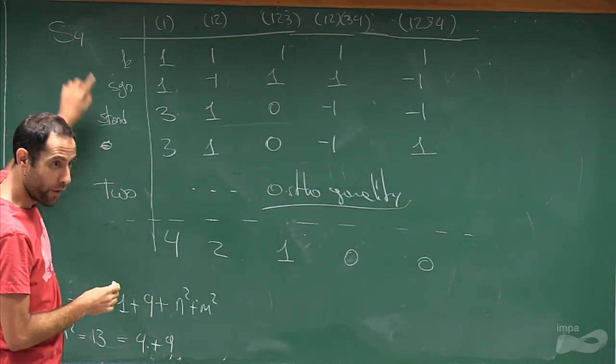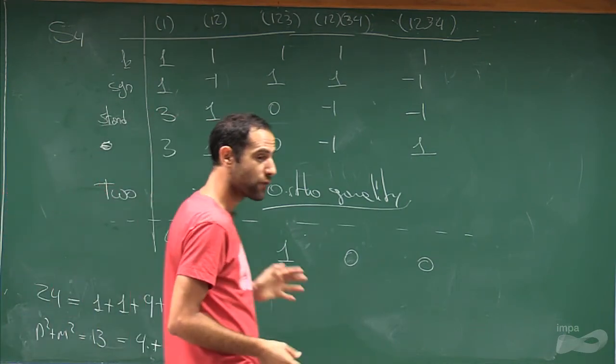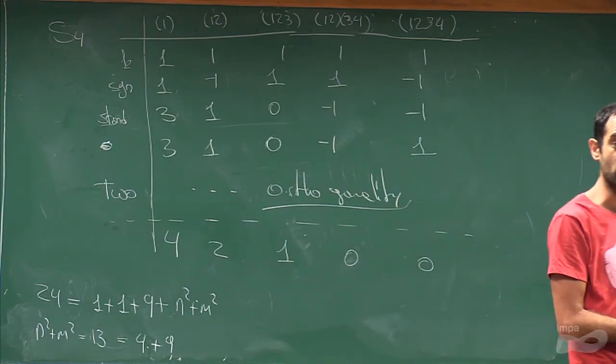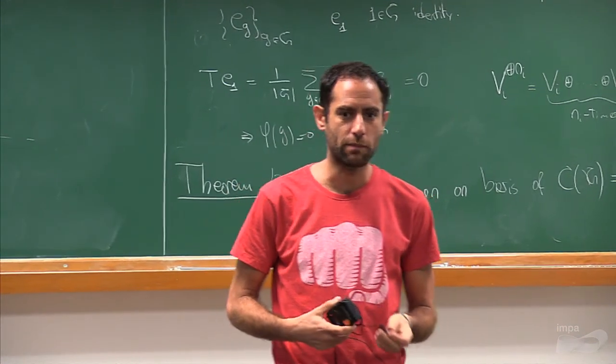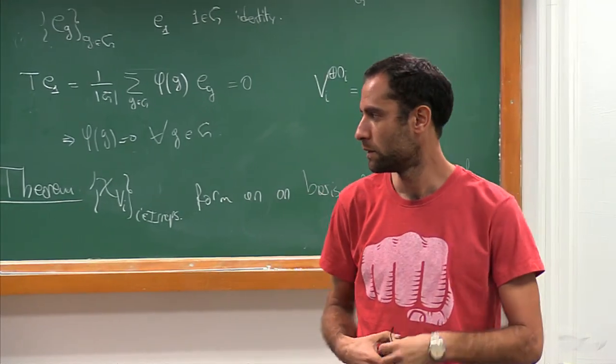So S4 has an irreducible representation of dimension 2 whose character you can compute, and the question is how to construct it naturally. In the next class, I'll just do these kinds of examples, and I'll only do examples for 1 or 2 classes.